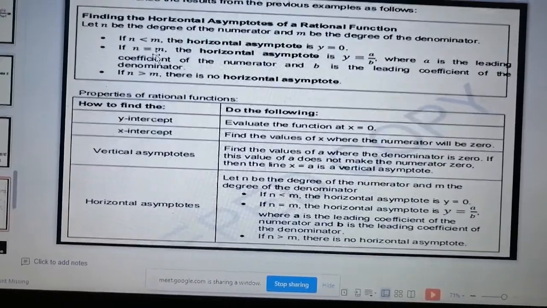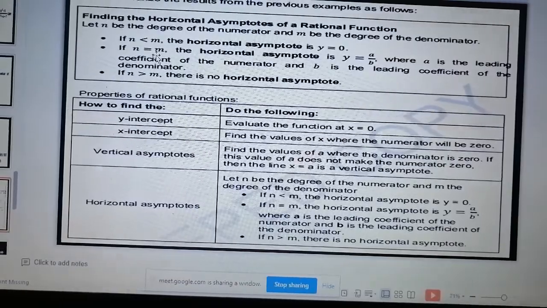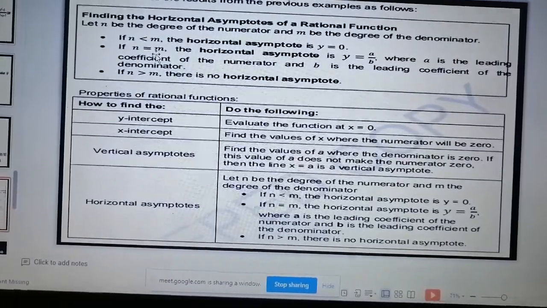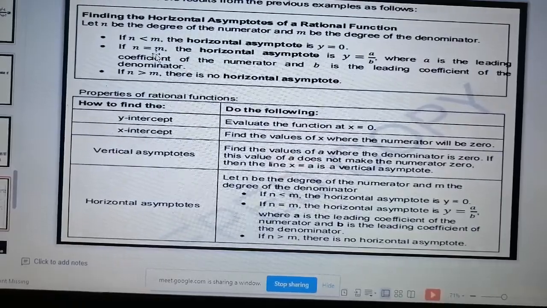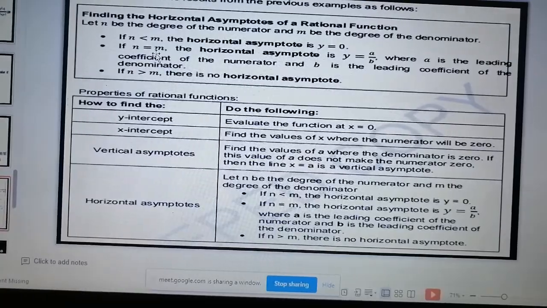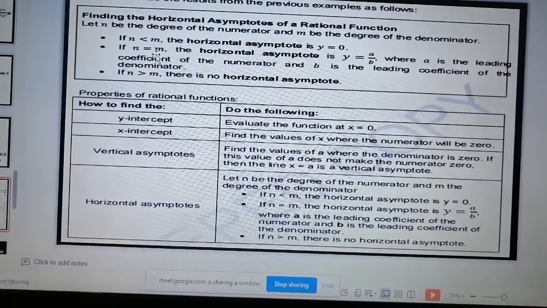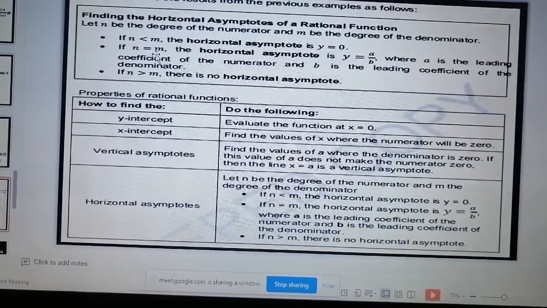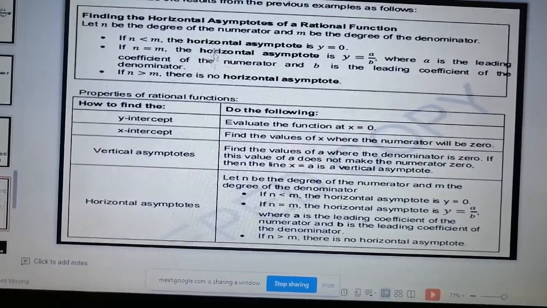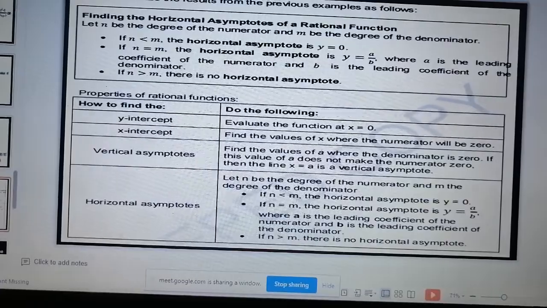If this value of a does not make the numerator 0, then the line x is equals to a is a vertical asymptote. Okay? Kapag horizontal asymptotes naman, let n be the degree of the numerator and m the degree of denominator. Ayan yung kanina. Okay?